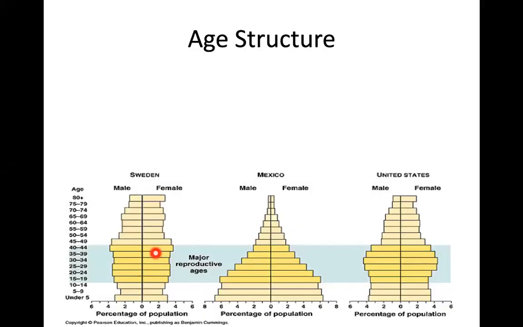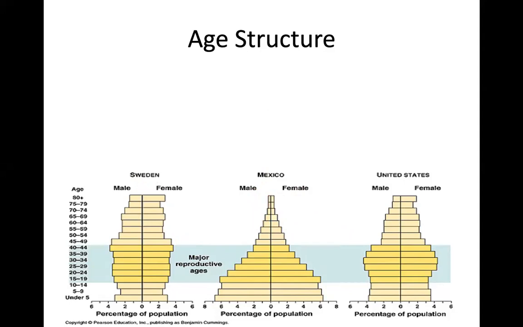Okay, so again, we've got an average distribution of human population over all of the age ranges in Sweden. Mexico, obviously, most of their individuals are very young. And so what we can infer from this graph is that life expectancy is quite a bit lower in Mexico than it is in either Sweden or the United States, just by the sheer fact that the number of elderly people decreases so exponentially.